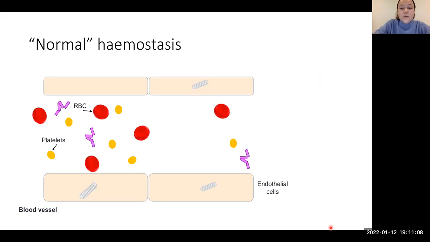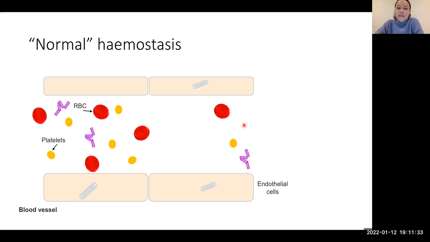If we look at this in a more realistic way, here's a schematic of a blood vessel. This is the lining cells of a blood vessel, which are called endothelial cells. Within your blood vessel, we have platelets, as you will be very familiar with, red blood cells, and VWF protein.